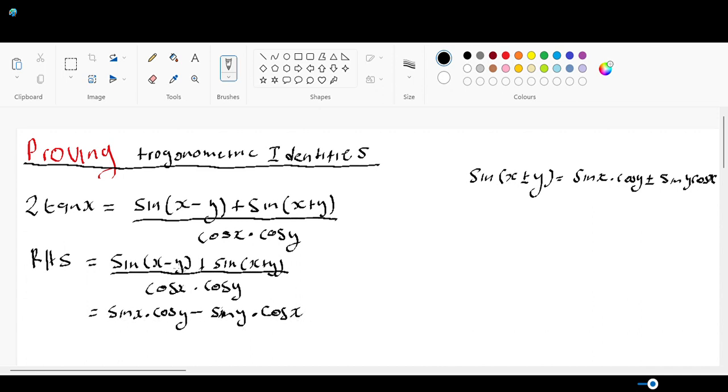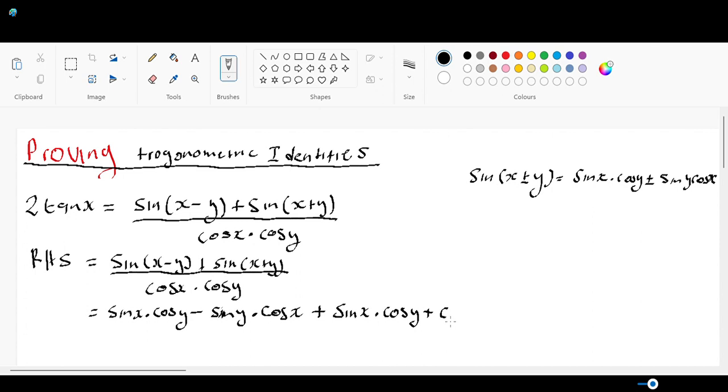Now this is for the first term, and then don't forget we have plus there. For the second term, we're going to have sine x multiplied by cos y. Because we have a positive sign here, it's going to be plus. There we go.